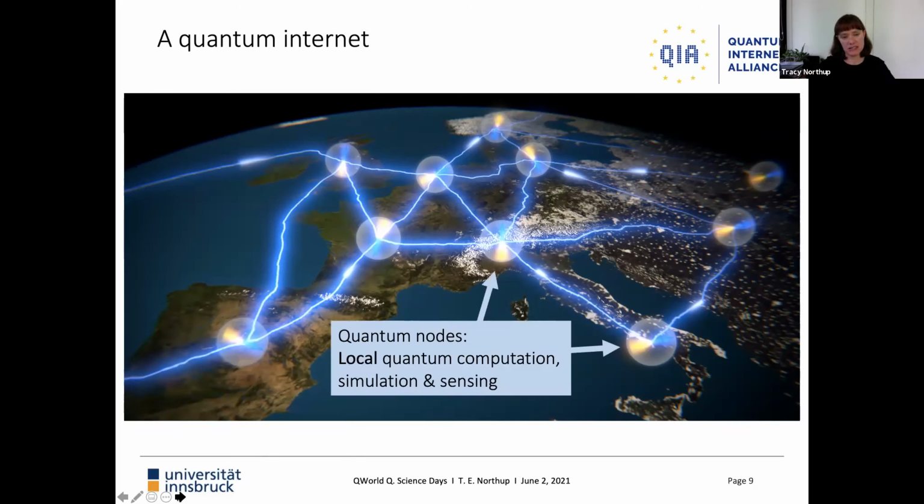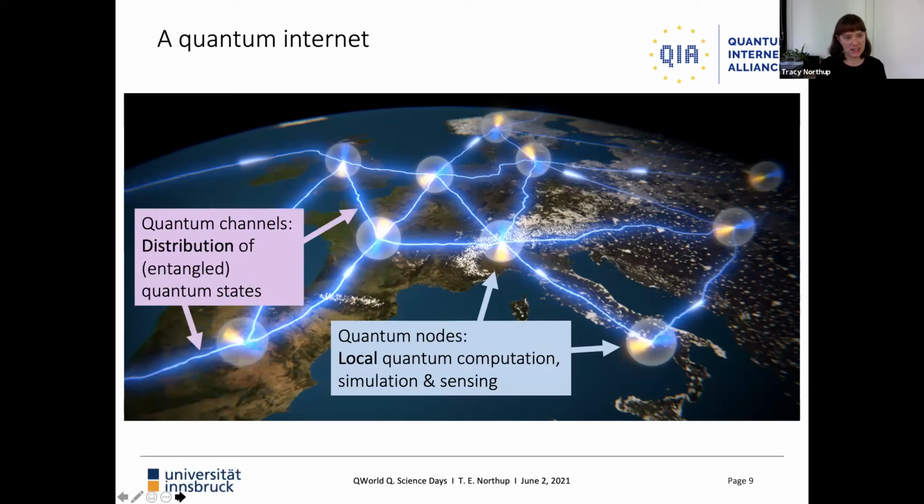In this vision, in such a network as depicted here, you have quantum nodes where you would carry out local quantum computation as well as simulation and sensing. Those nodes are linked together, in the picture by these glowing blue lines. What is that supposed to indicate?